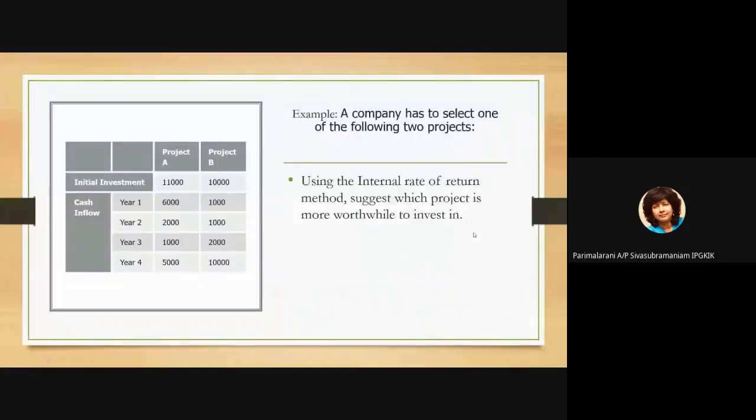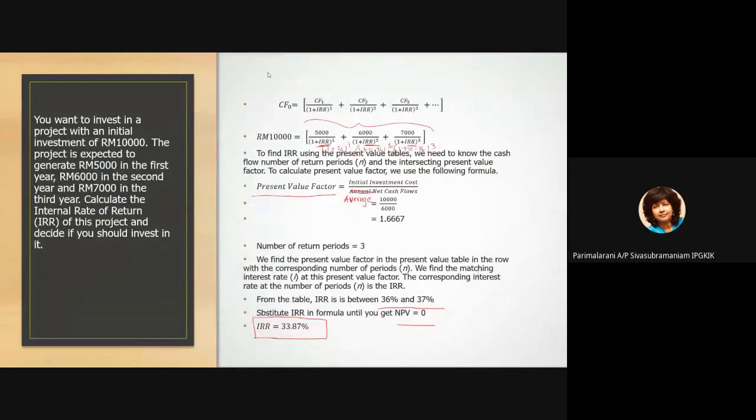So when you want to find whether or not to invest in a company project, there are two methods that you can use. One is NPV and the second method is IRR. If they don't tell you which method to use, of course, it is so much easier to use NPV and it is the better method.